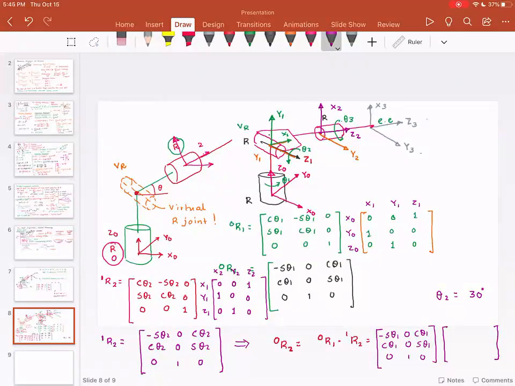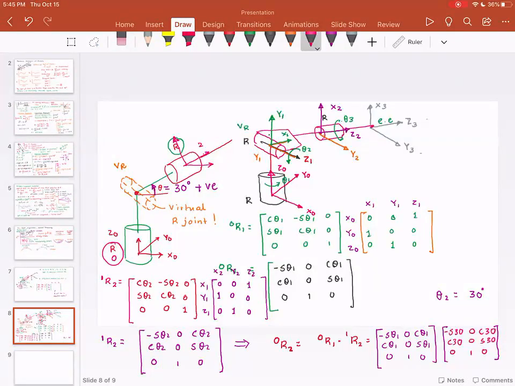And I want you to note that this theta is 30 degrees. This is positive. Look at the convention of the way we have defined the joint. So what I'm going to do is write minus sine 30, 0, cosine 30, cosine 30, 0, sine 30, 0, 1, 0.